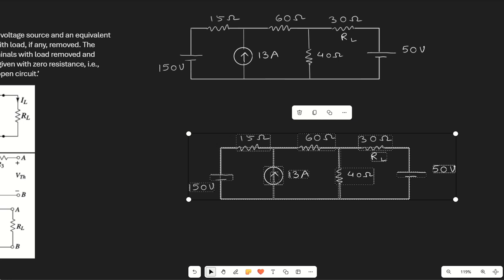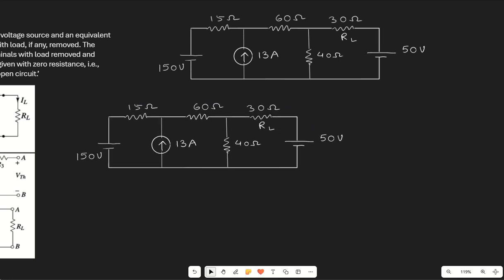So first let us consider VTH. For VTH, we have to remove the load terminal and determine the voltage across the terminal. That means we have to calculate VTH here in this terminal. In order to determine VTH, first we have to determine the current in these two loops.